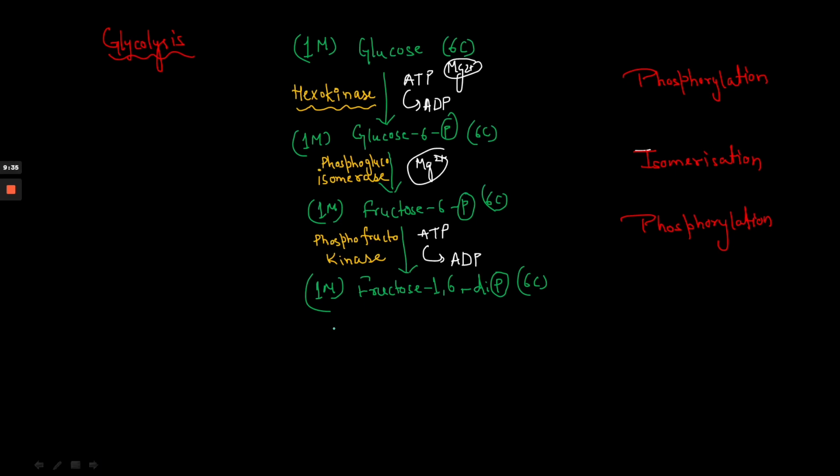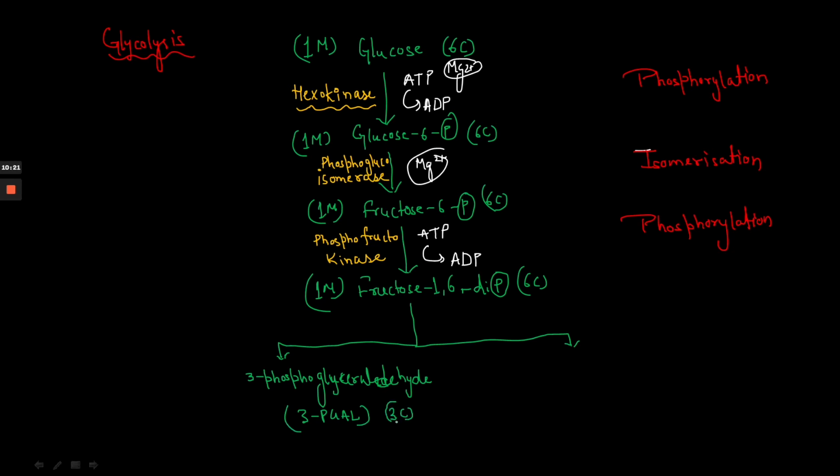Okay, so we have got one molecule of fructose 1,6-diphosphate here. Now the next step is this fructose 1,6-diphosphate is going to get split up into two different compounds, namely 3-phosphoglyceraldehyde, also known as 3-PGAL, and it is a 3-carbon compound.